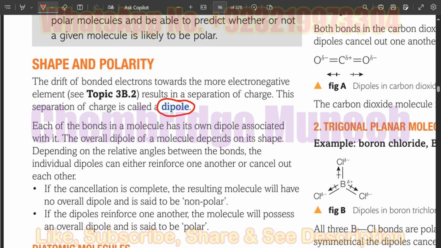So we have the factors which determine the polarity of the bond as well as the polarity of the molecule. We have to consider two things here: the polarity of the whole molecule and the polarity of the bonds.